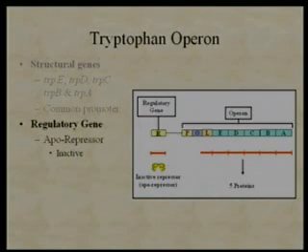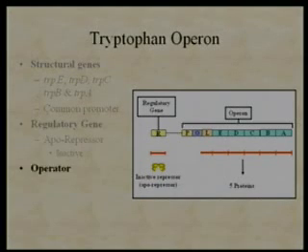But now the repressor that's made is inactive upon synthesis. We have an operator region right here where the repressor ultimately is going to bind. And in the tryptophan system, there's another piece here that's referred to as the leader region, and we'll see what the significance of that leader region is later.